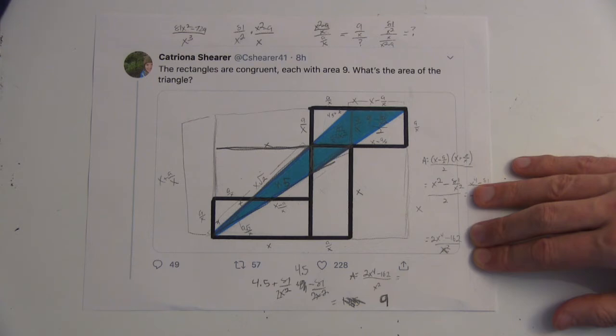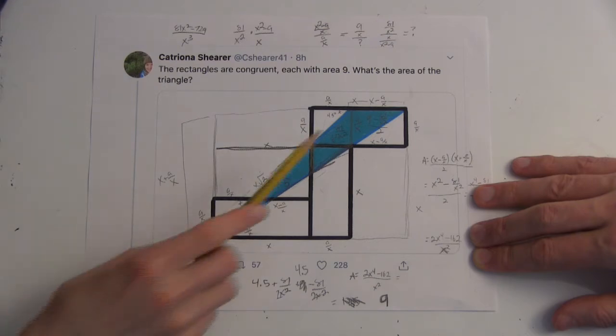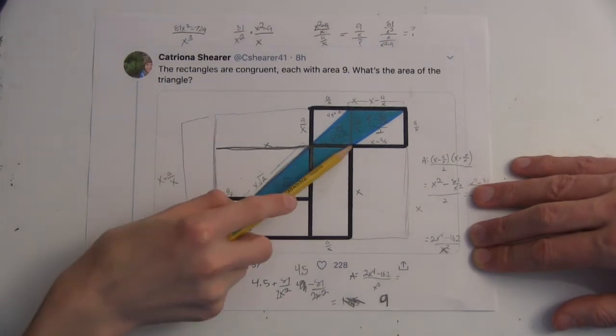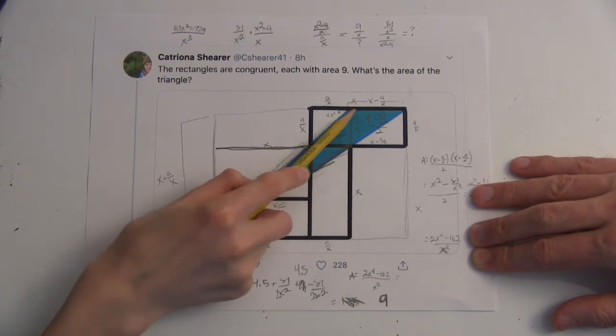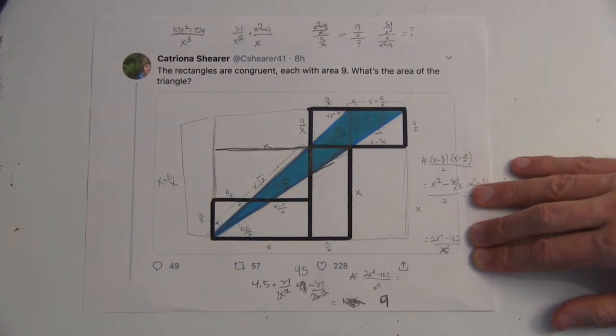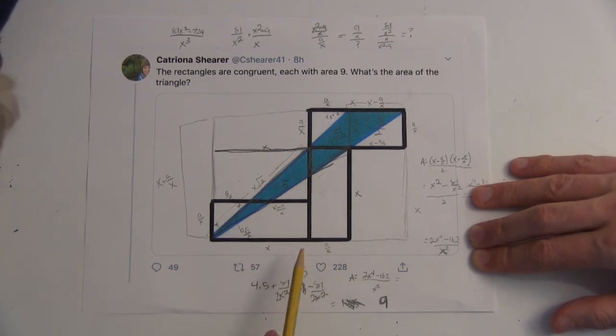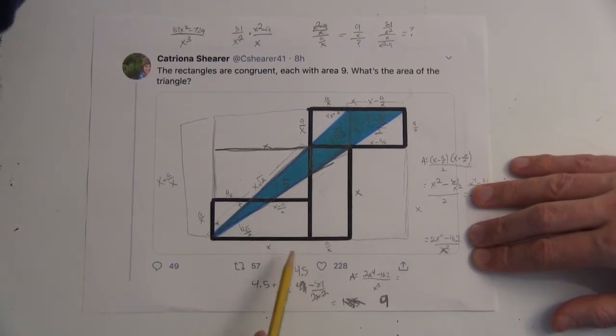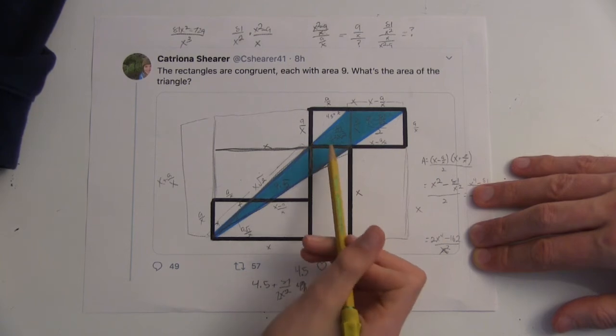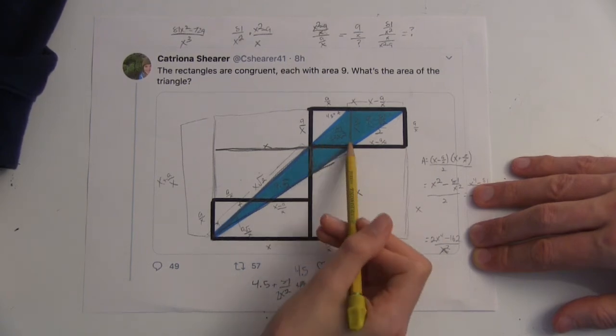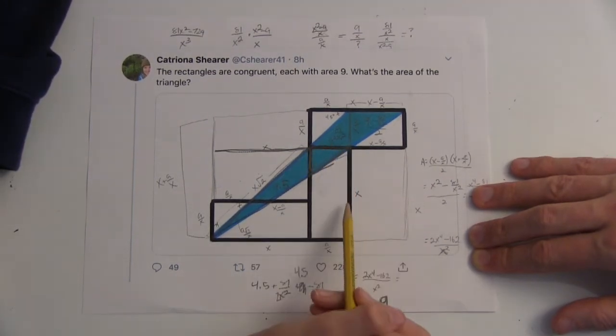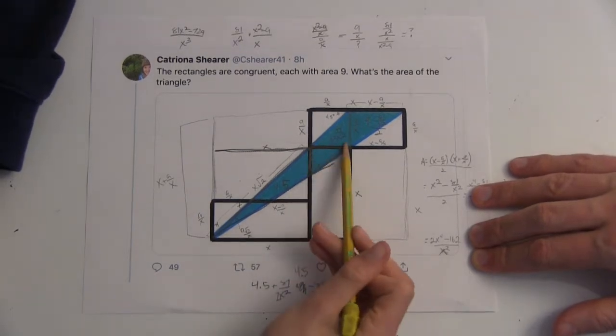But then what you can do is look at each of the triangles individually. If you break it up into this triangle here, this triangle here, and this triangle here, you can get pretty nice expressions for the areas.